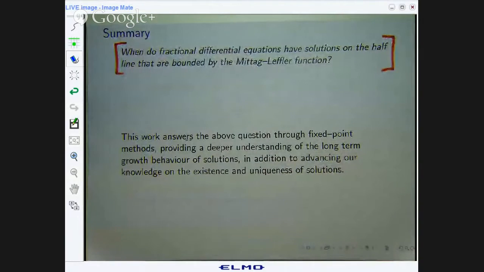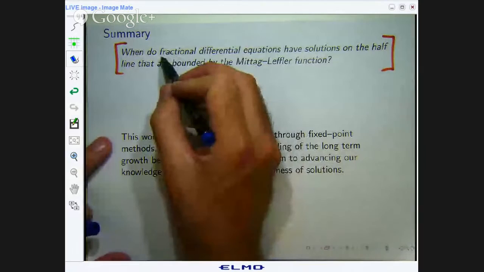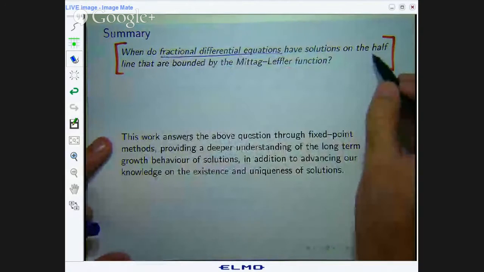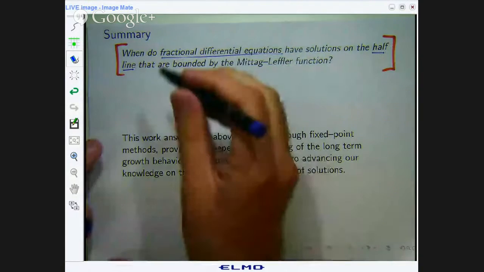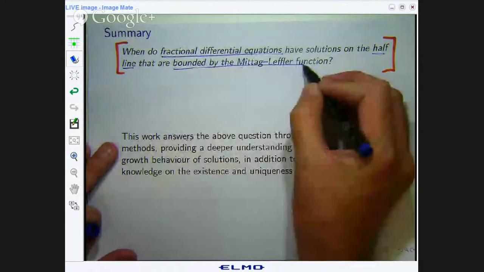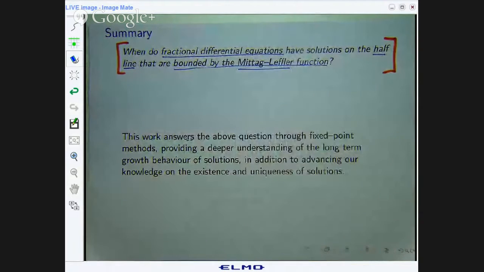In particular, we've got some sort of differential equation, and we're looking for solutions that have a solution domain on the half line, and they're also bounded by this special type of function called a Mittag-Leffler function.